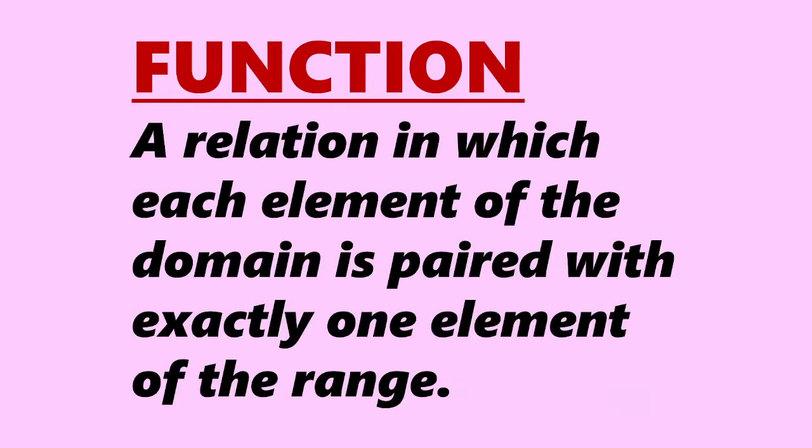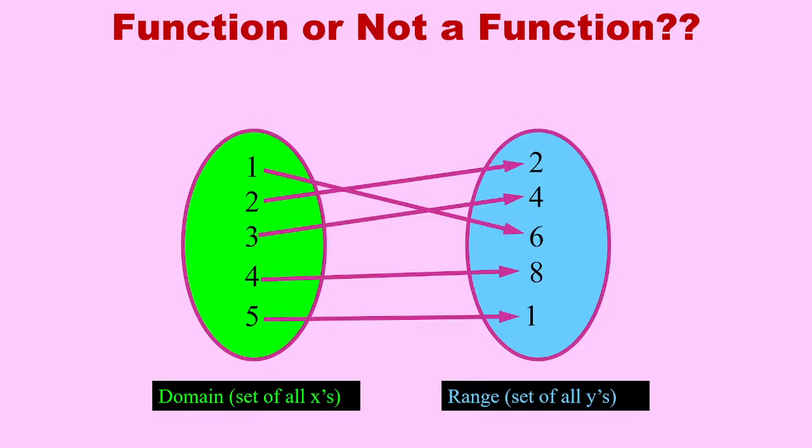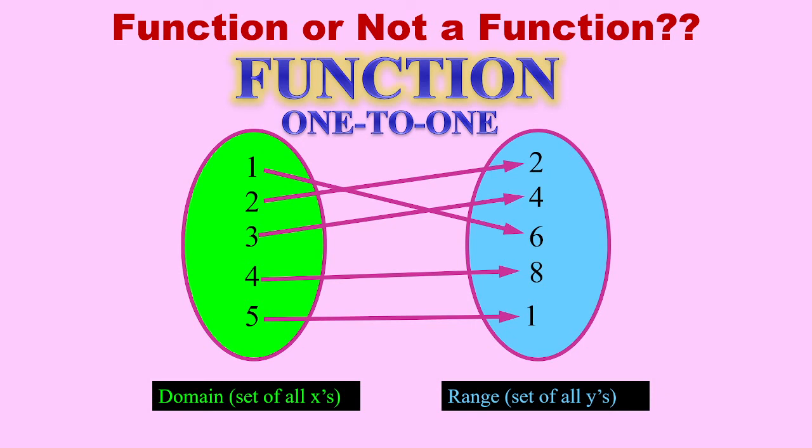Okay? Next, a function. A function is a relation in which each element of the domain is paired with exactly one element of the range. There you go. We know that a 1-to-1 relation, the stick-to-one relation, is a function. Put that in your mind.